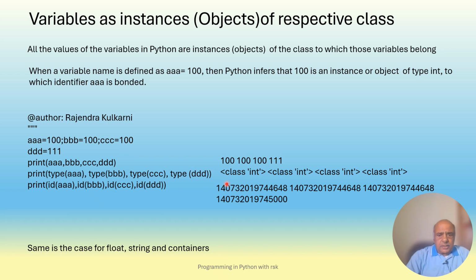That is why we find all these three variables have the same ID. Now DDD is assigned 111. 111 is different from 100, so a 111 object is also created and that object is bound to the name DDD.